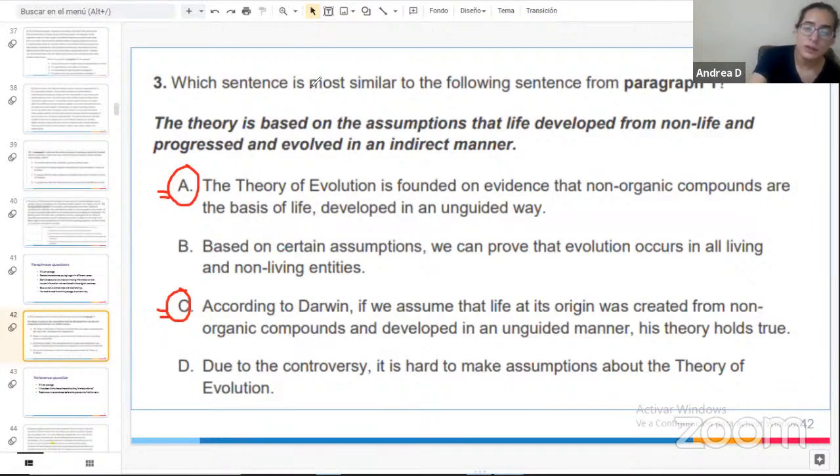You're not really looking for an exact or precise synonym, but something that's most similar to the sentence. And I do know why some of you are choosing C and not A. So what's wrong with A? I think it has everything, right? Those who said C, why didn't you choose A instead?